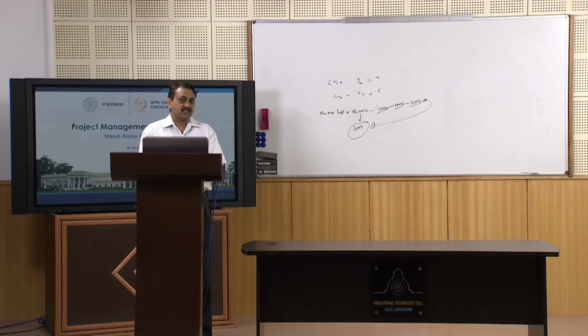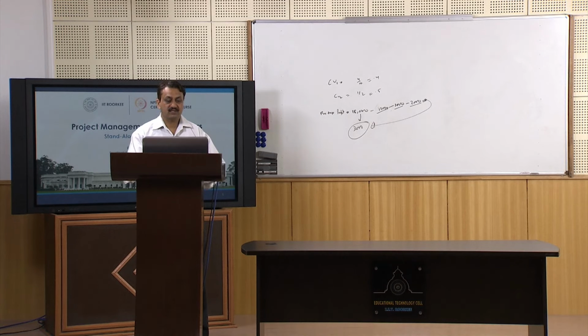You do not have a discrete scale. You can't say that this is optimistic, this is pessimistic and this is expected. It is basically a continuous variable. So, you have to look at this particular demerit very carefully.